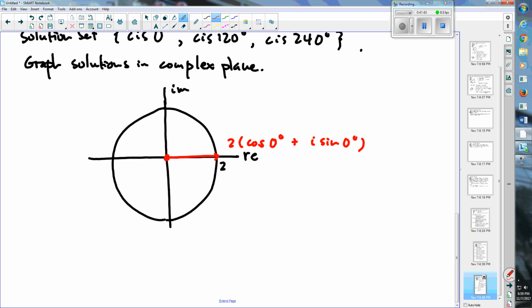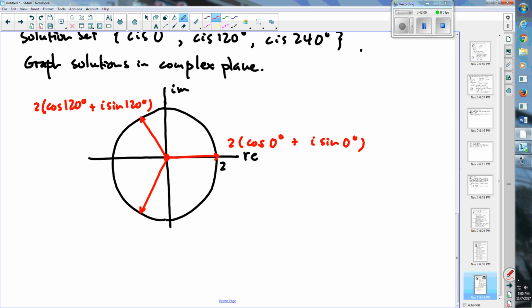Now the next vector we have is at angle 120 degrees. So this answer would be 2 times the cosine of 120 degrees plus I sine of 120 degrees. And 240.